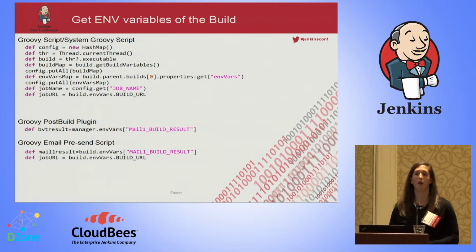The first thing that I found, when I started customizing my build pipelines and writing jobs, was that the developer wants this link on the build page after the build runs, because they don't want to dive into some console log to find it. So the first thing I found was the environment variables. In a Jenkins job, you have various environment variables out of the box. You get build number, build URL, build name.